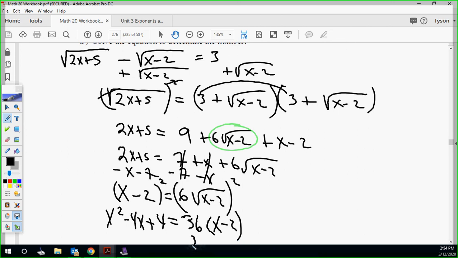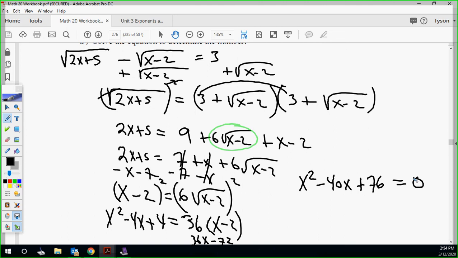This becomes 36x minus 72. And we're going to move that over now. So we minus the 36x over. It's going to give me x squared minus 40x. 72 we're going to add over. That's 76. X squared minus 40x plus 76.